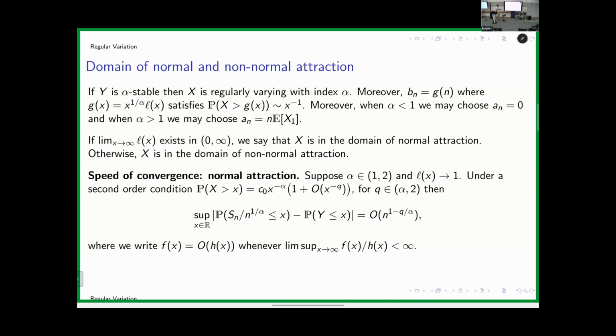Then you can have some decent control in the Kolmogorov distance, in this error that I want to control. And you can change the metric if you want to use a different one, maybe some more asymptotic or something else. There are some results in that direction. All right. So good thus far? Yes.